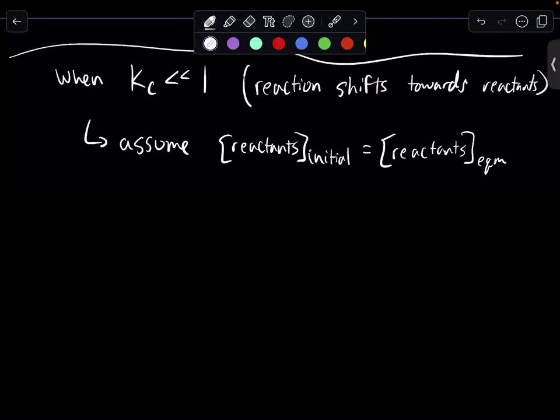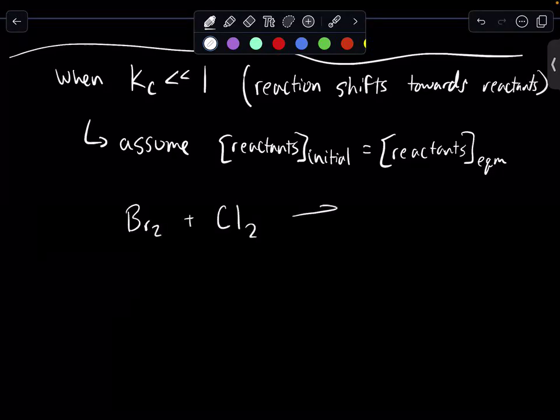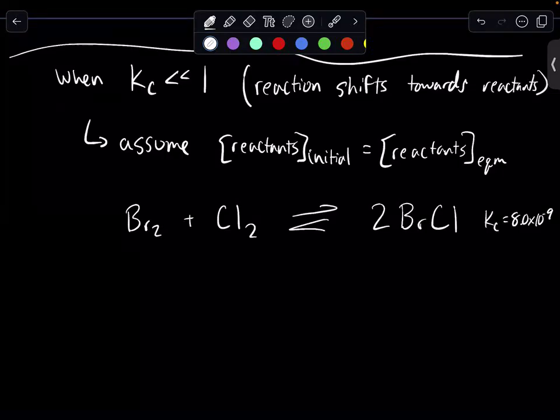In this case, we have bromine gas plus chlorine gas reacts in equilibrium to form 2 bromine chloride, also gas. Furthermore, I'm going to give us the Kc value, which is 8.0 times 10 to the minus 9th. So an incredibly small Kc.